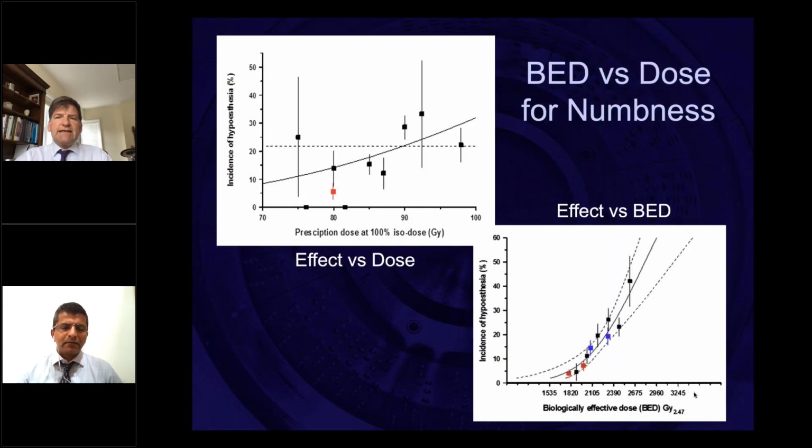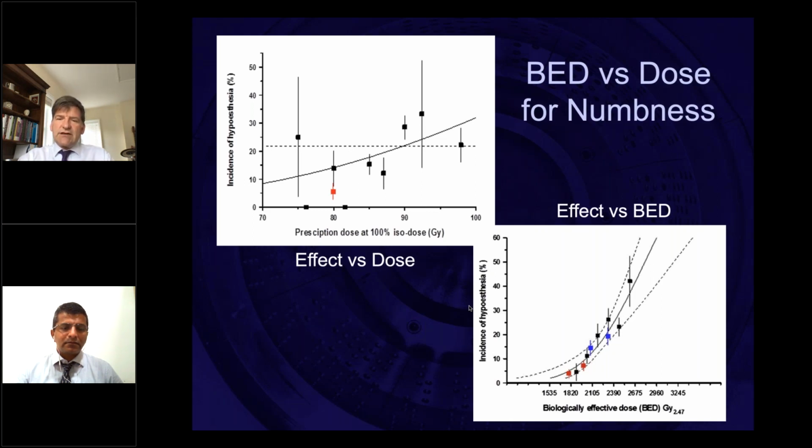When we looked at BED versus dose for numbness, so that's the top left chart there, you can see very little difference indeed. In fact, the lower group tended to have a higher incidence of hypoesthesia. There's no particular pattern between physical dose and the incidence of numbness.